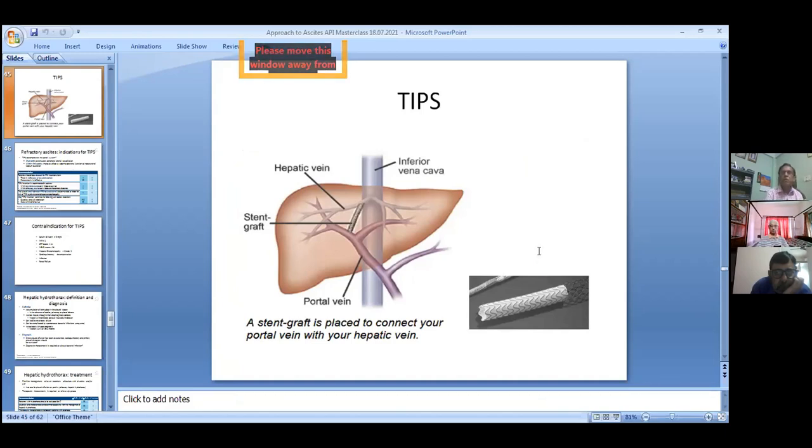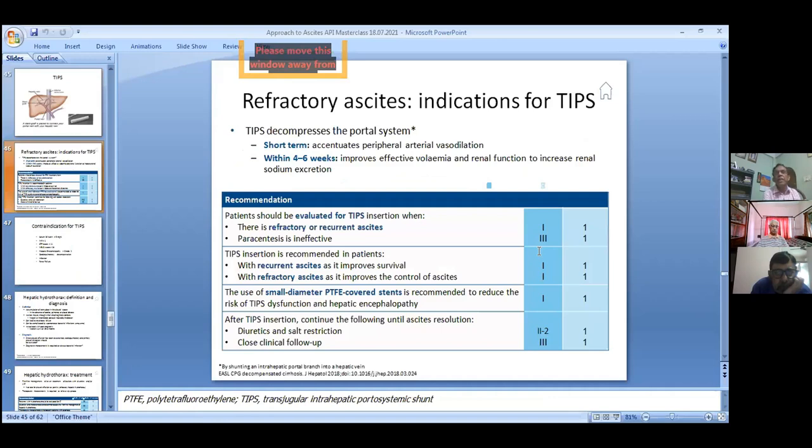As for the TIPS indication, the TIPS decompresses the portal system. So it immediately accelerates the peripheral arterial vasodilatation, and within 4 to 6 weeks improves the effective volemia and renal function, and there is increased renal sodium excretion. So it is recommended that the patient should be evaluated for TIPS insertion when there is refractory ascites and paracentesis is ineffective.